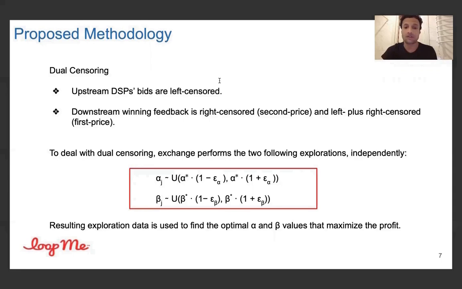To deal with censoring, we implement a dual exploration independently for alpha and for beta to learn the censoring patterns in 4 dimensions. Although the reserve price is only left censored, to capture the DSP's bidding behavior for alpha, we also perform right exploration along with left.